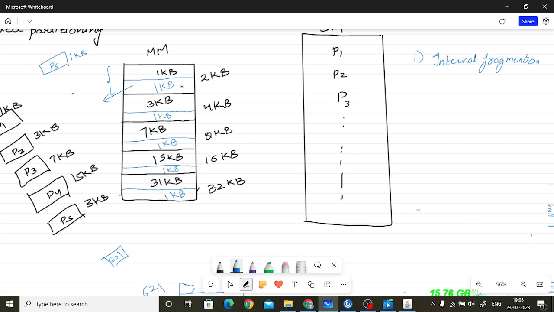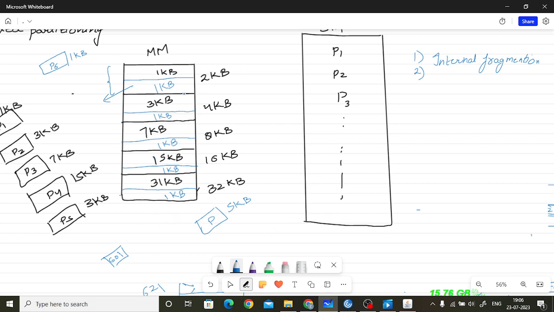And we have external fragmentation. External fragmentation: suppose a process of size 5 KB is there, which we have to accommodate in the main memory from the secondary memory.